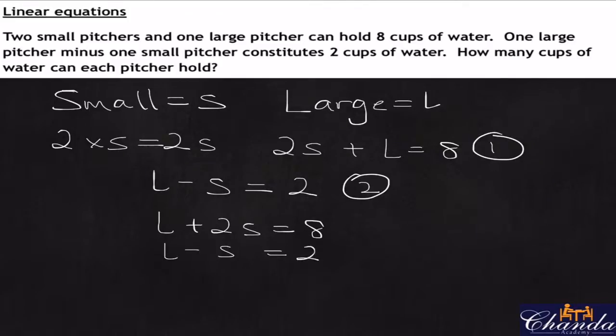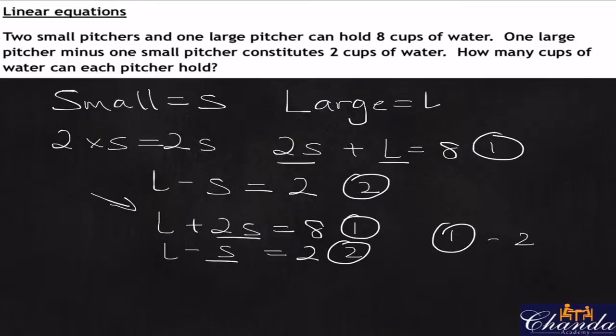Now you may have noticed I've swapped the L and the 2S around when I wrote them down here, because this way the L's are now lined up and so are the S's. So let's take equation 1 and minus equation 2 from it. So doing a takeaway right there, we have L minus L, which gives us 0.